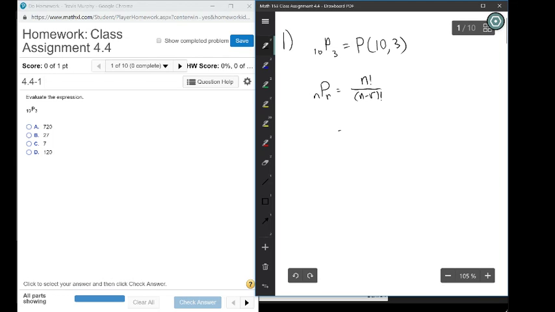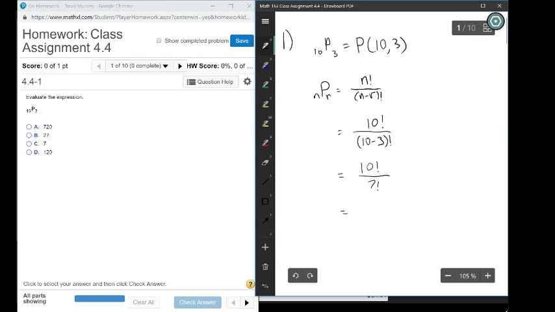So this would be 10 permute 3, which is 10 factorial over 10 minus 3 factorial, or 7 factorial.